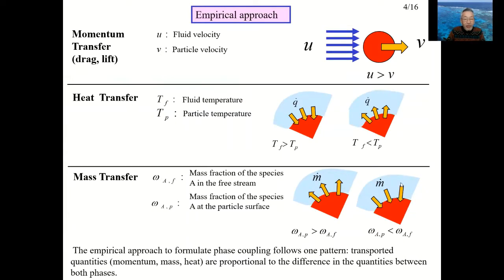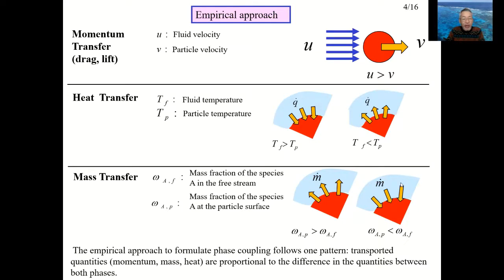The interaction between the particle phase and the fluid phase is called phase coupling or phase transport phenomena. In lecture 1, I used the word phase coupling, but from here on, I will use the word transport or transfer instead of coupling.